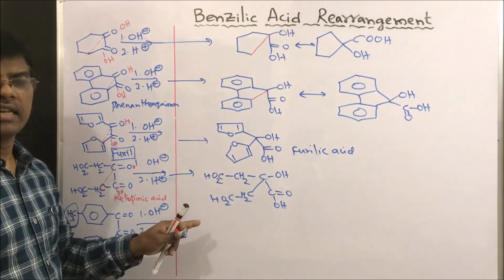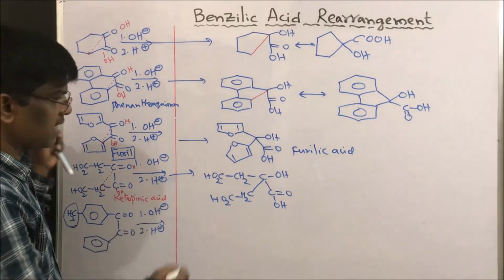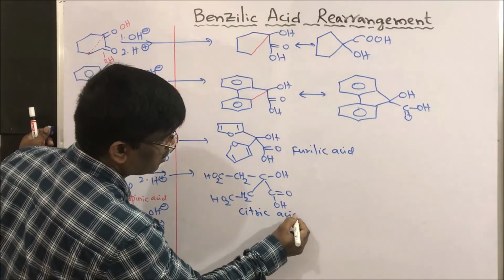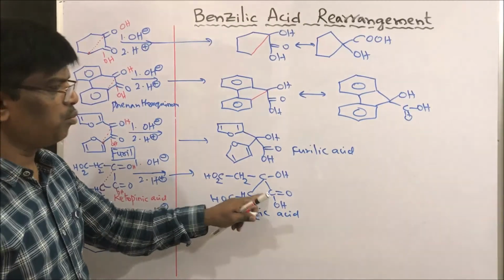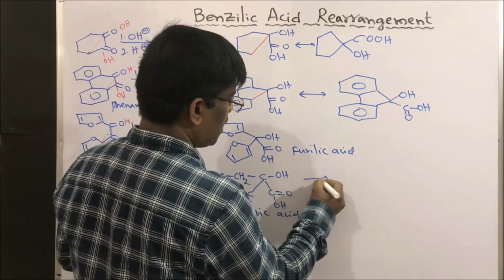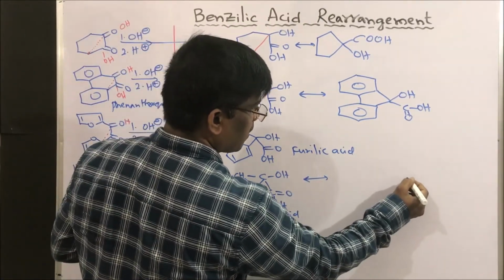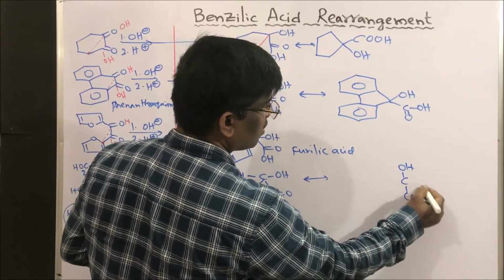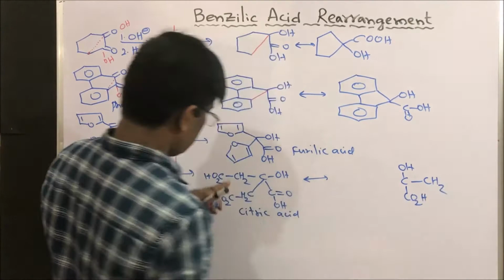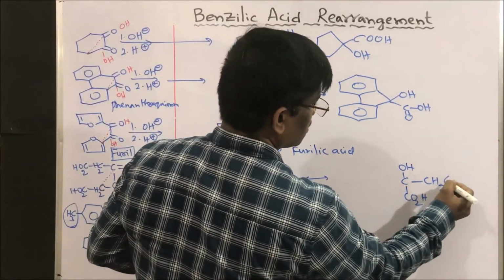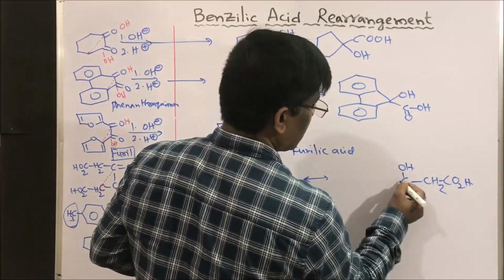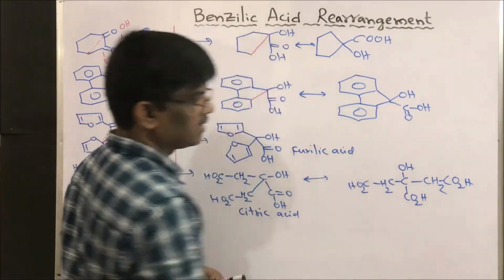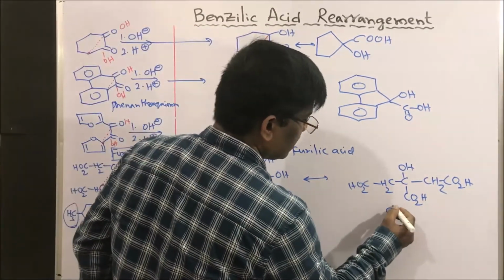This is the way. Yes, this is citric acid. But you will not get this structure in books. If this compound is written in a better manner, it is OH here, this carboxylic acid down, then CH2, CO2H and CH2, CO2H. This is citric acid.